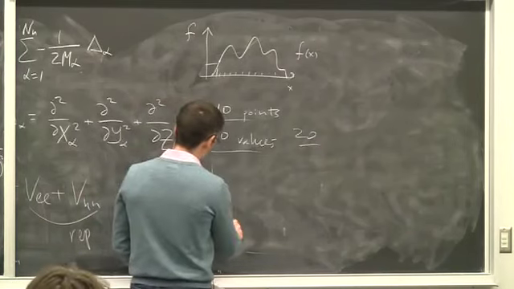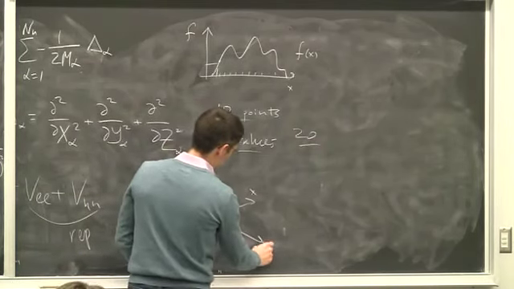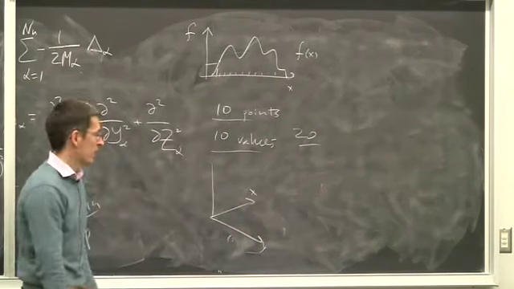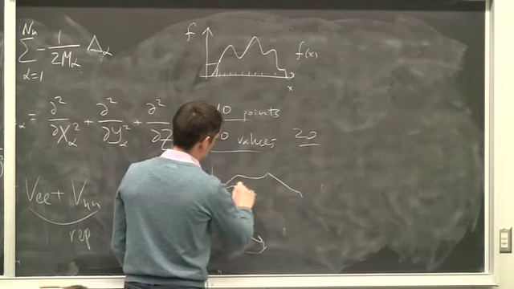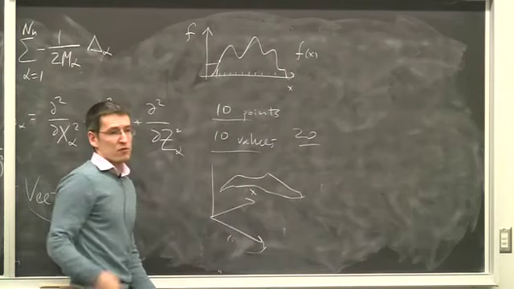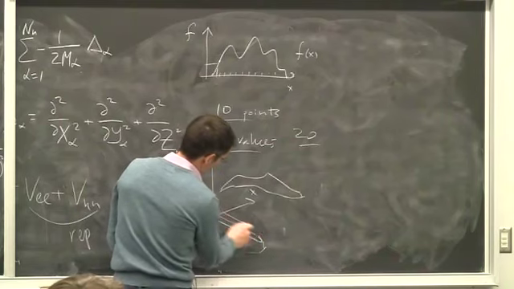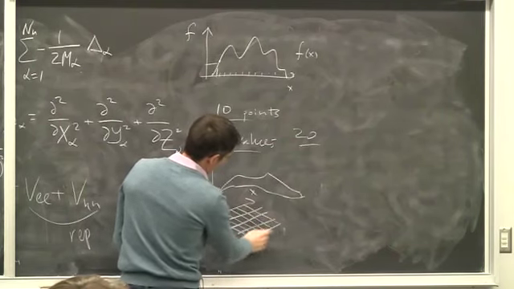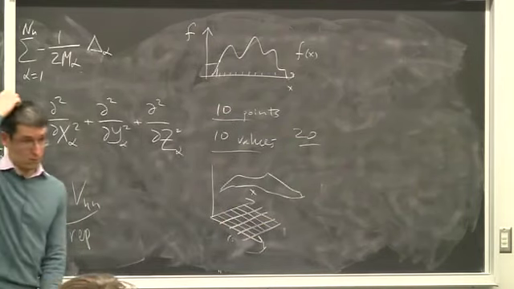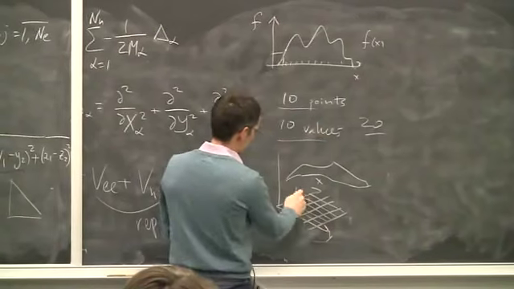Imagine we go into the two-dimensional world where we have two coordinates, x and y, and I gave you a function again. That forms some kind of surface. Then, following the same recipe, you put 10 points along each dimension, 10 on x, 10 on y.